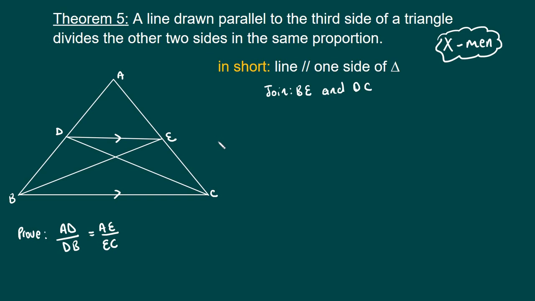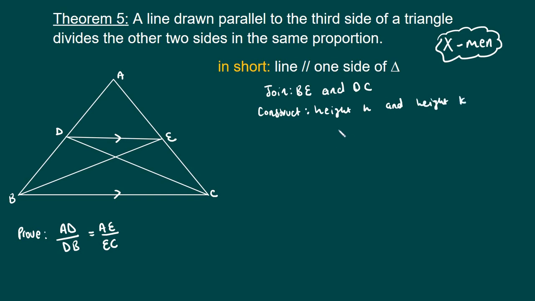But then you are now going to do something very different from the other theorems we've been proving. Now you're going to do a bit of construction. You're going to construct two heights, height H and height K.